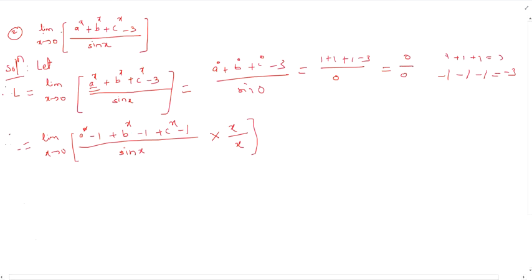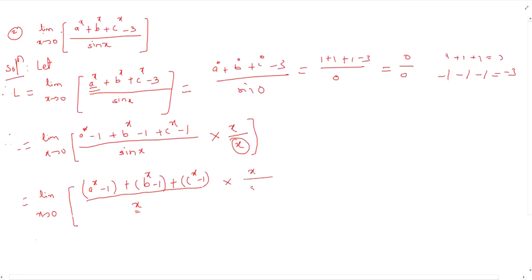Then our term becomes the limit as x tends to 0, inside the bracket, a raised to x minus 1 plus b raised to x minus 1 plus c raised to x minus 1, with this x used here, into x by sin x.